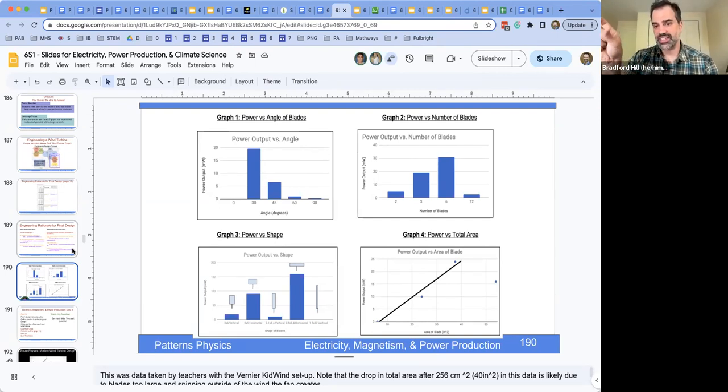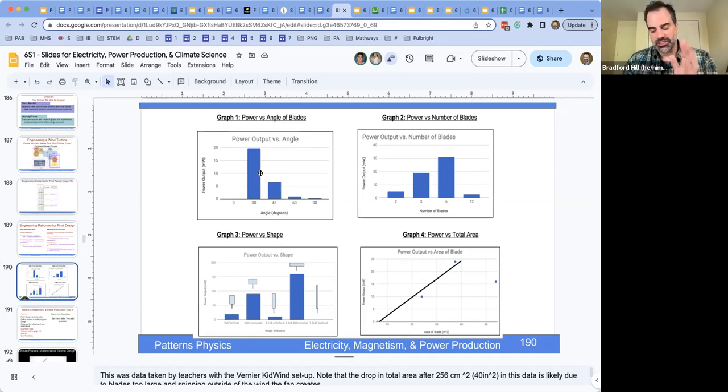The same size blade will have a very different efficiency depending on how close you put it to the axis of rotation. Those are all little things that students figure out, and it builds their engineering identity, and they make ones that outpower any of the ones we tested on that first day.